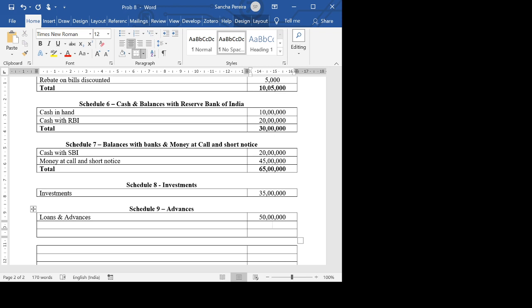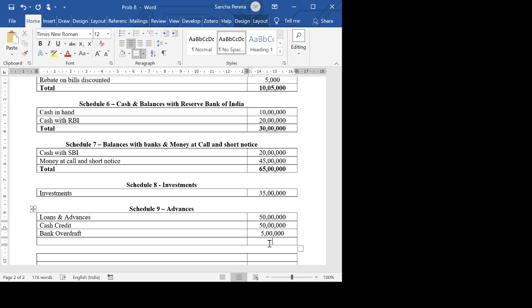Then you have cash credit, which is another 50 lakhs. And we also have bank overdraft, which is another 5 lakhs. So 50 plus 50, it is 1 crore, 1 crore 5 lakhs.